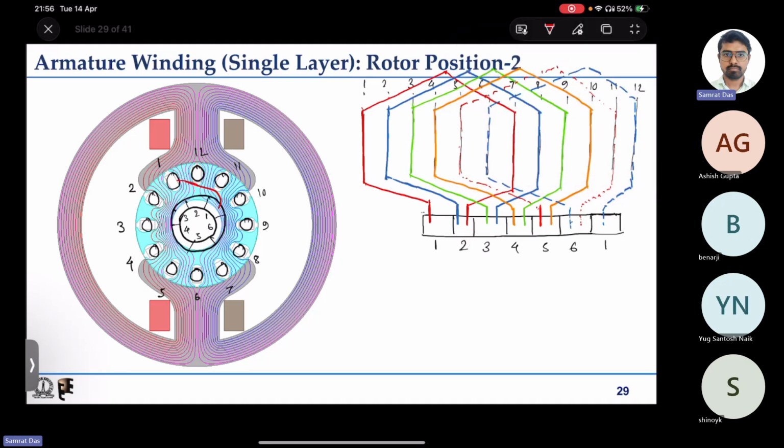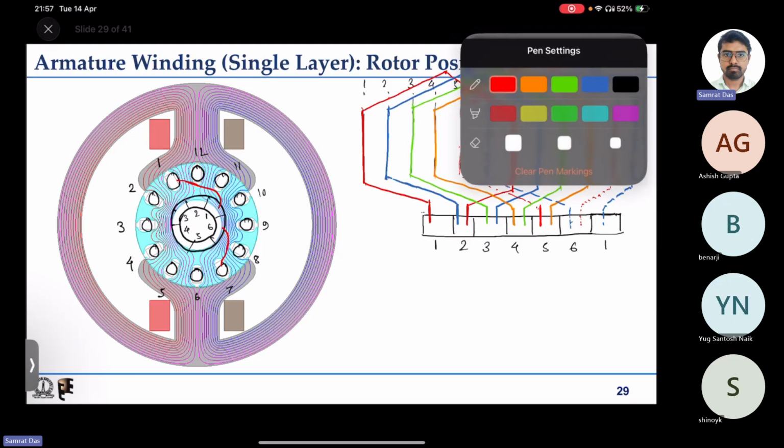So it will go and connect to this slot 1, and it will come back from slot 7, and from there, okay, I should have named the commutator one the opposite way, then it is easier to connect.